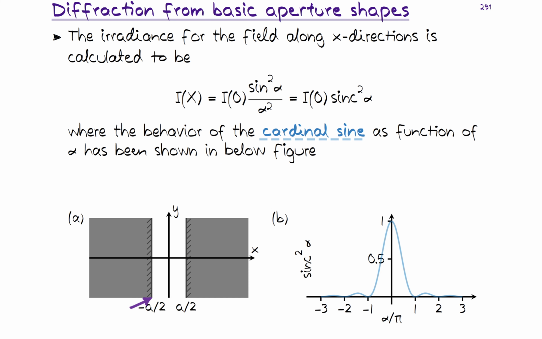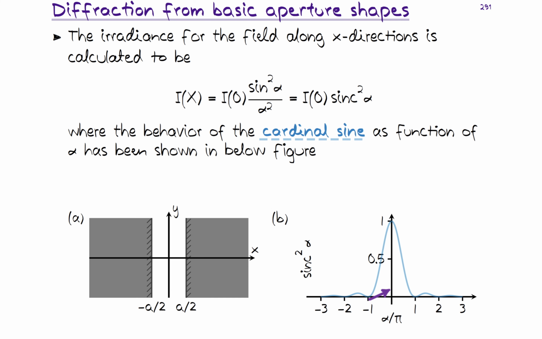So essentially here, this width of the slit is causing a diffraction of light, and the irradiance distribution is basically proportional to the cardinal sine squared. So this kind of functional form it will have. So this is what happens essentially when we would be measuring the diffraction of light. There's an inverse proportionality here, so that if I increase the width of my slit, then the distribution would get narrower.